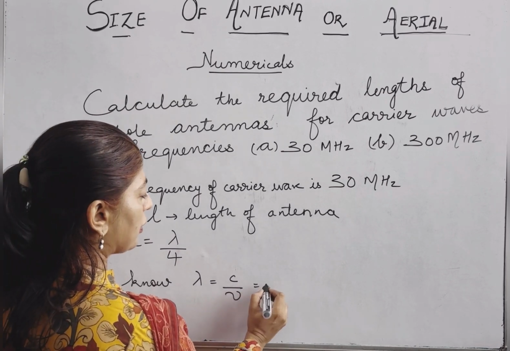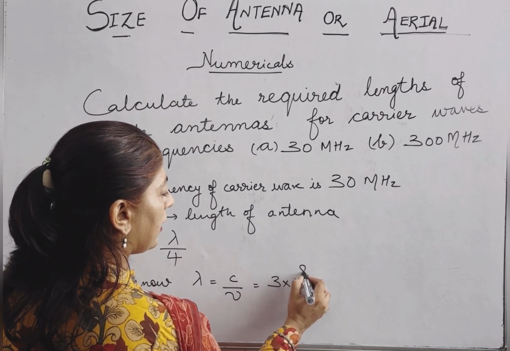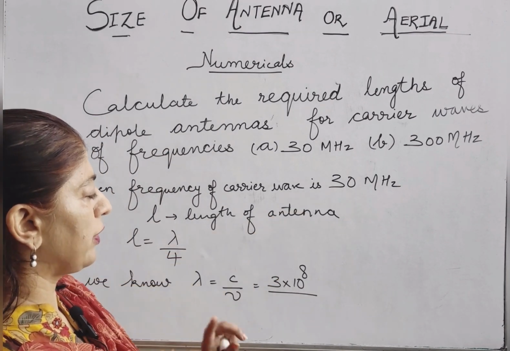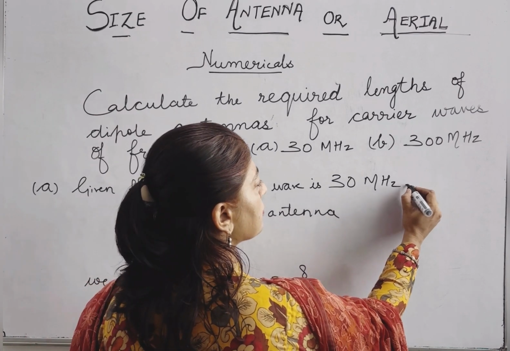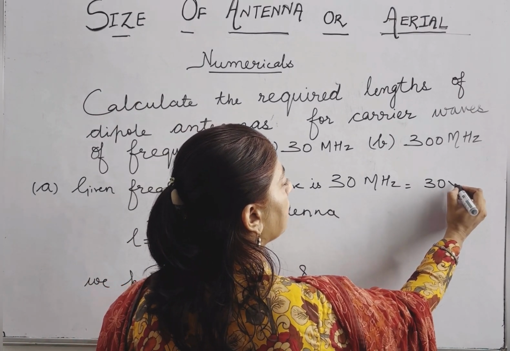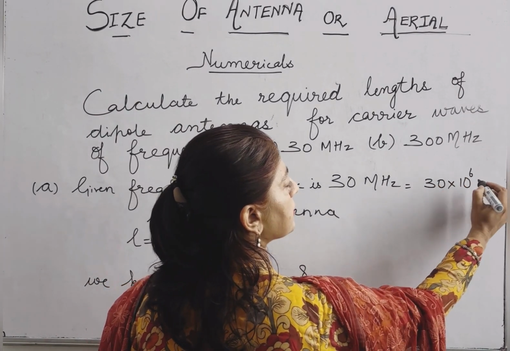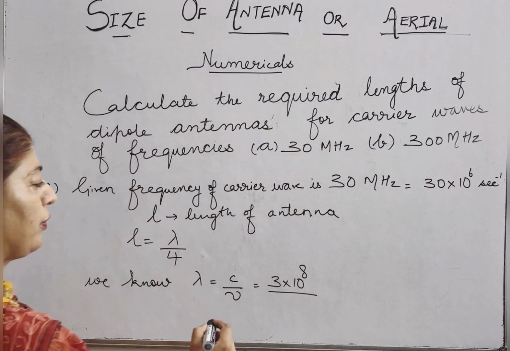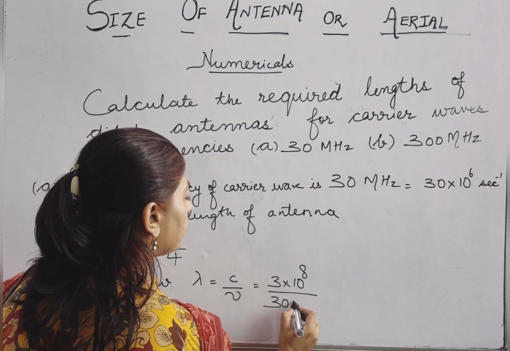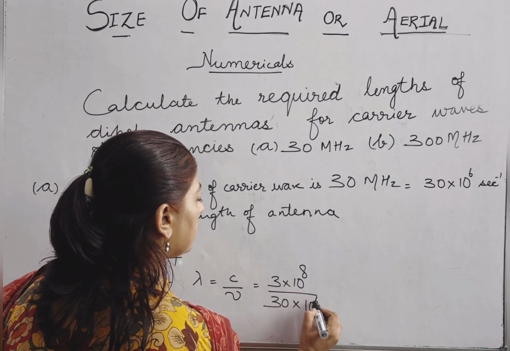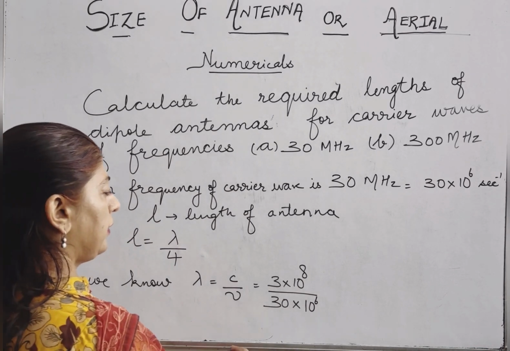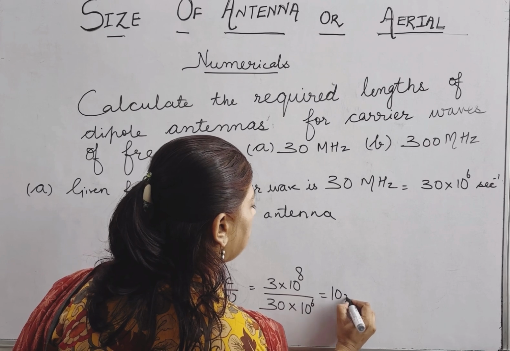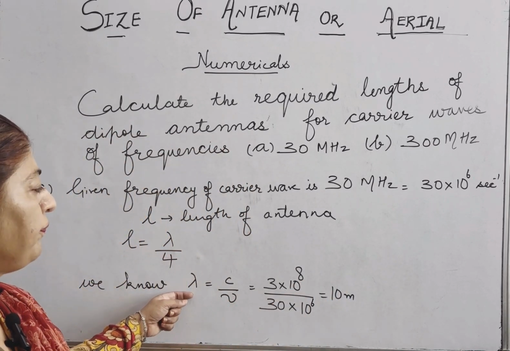Because it is the SI system, let us take the frequency in the SI system. This comes out to be 30 mega, which is 10 power 6, and hertz is per second. So we put 30 into 10 power 6, and after cancelling, this comes out to be 10 meter.